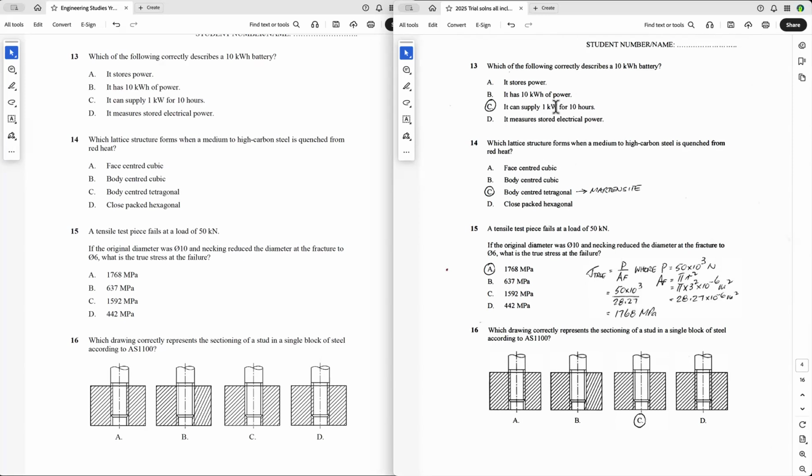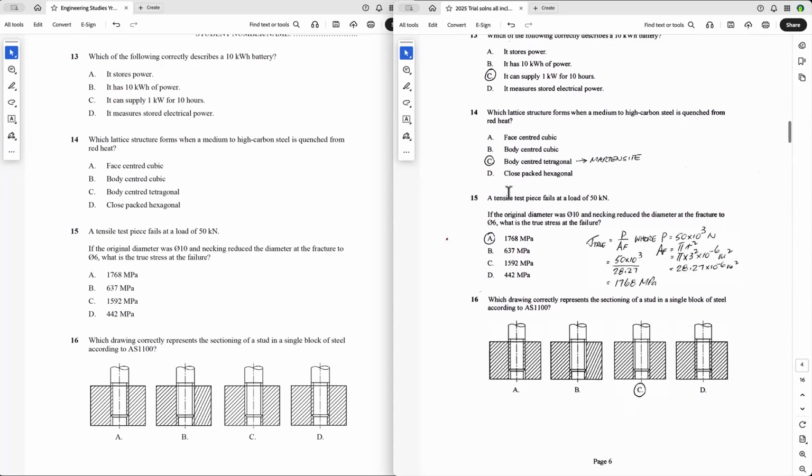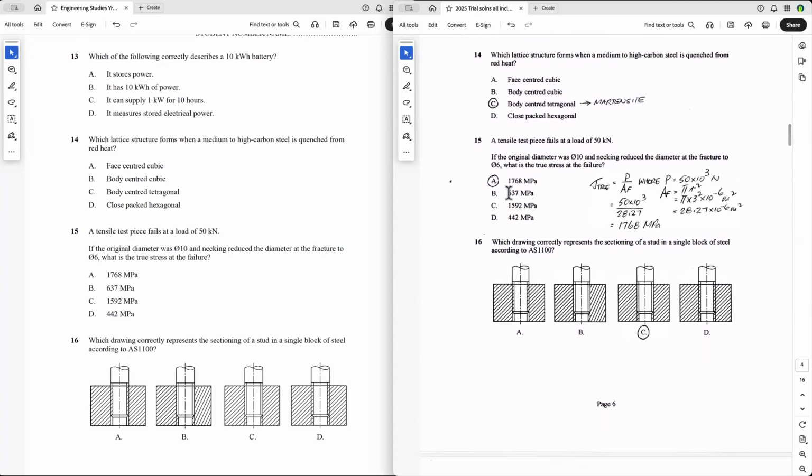And if you quench it, it hasn't got enough time to change from face centered cubic to body centered cubic. So it goes to the intermediate phase of body centered tetragonal, which is called Martensite, which is C.